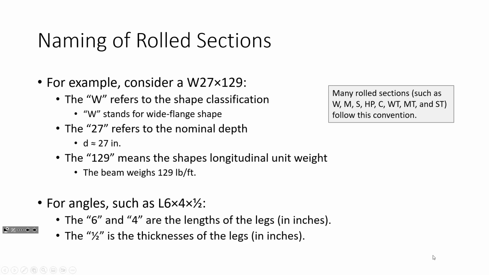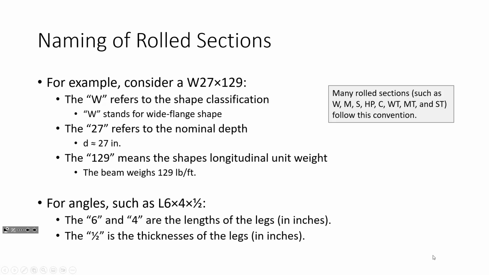The 129 refers to how heavy it is. So a W27 by 129 is a W shape that is about 27 inches deep that weighs 129 pounds per foot. So every foot would weigh 129 pounds, okay?